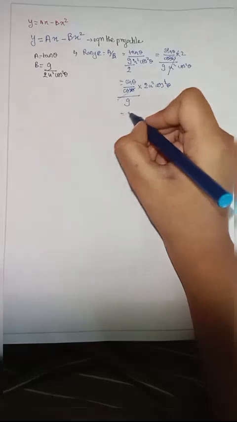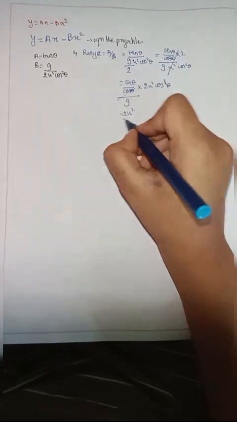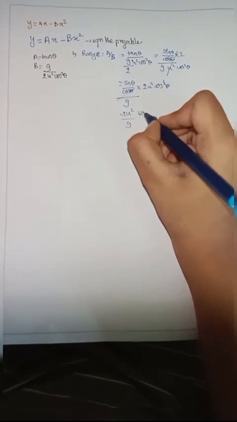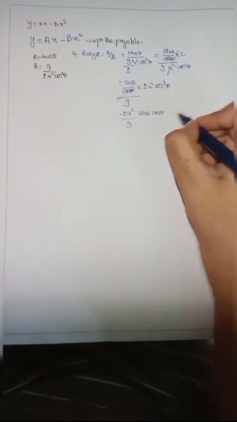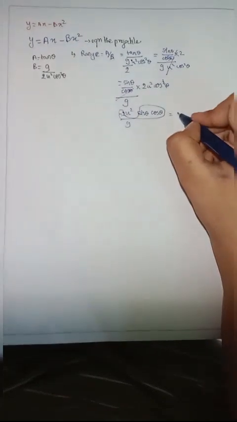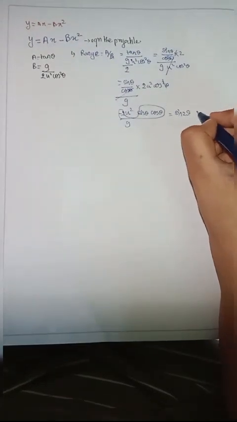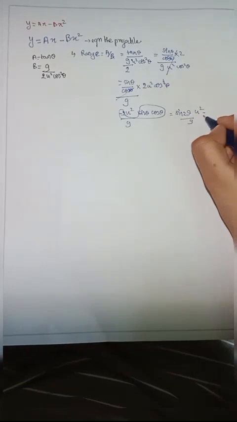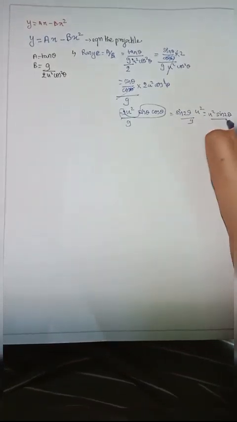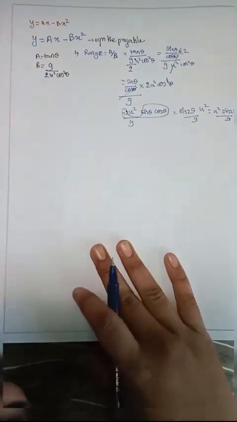This cos theta and this cos theta cancel, and we get u square g. You see here sin theta cos theta. This 2 sin theta cos theta we can represent as sin 2 theta, u square g. It will simply represent u square sin 2 theta by g. This is the range.